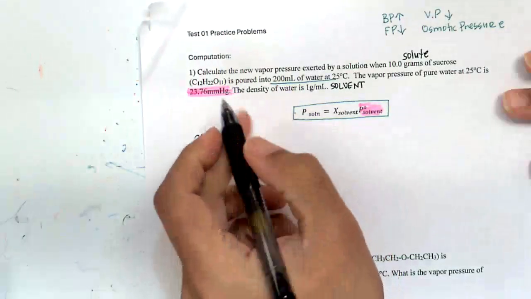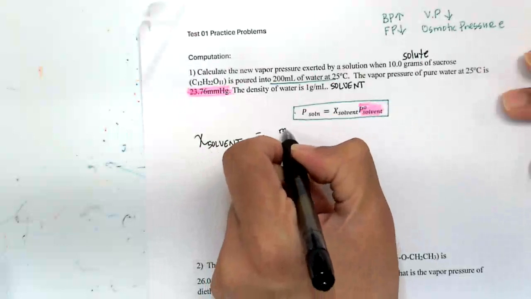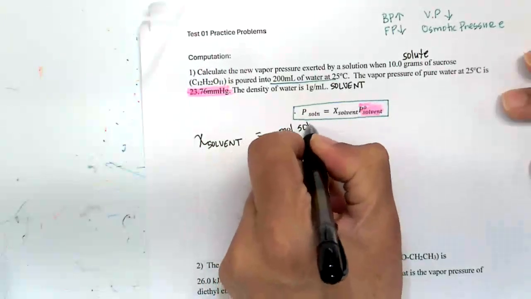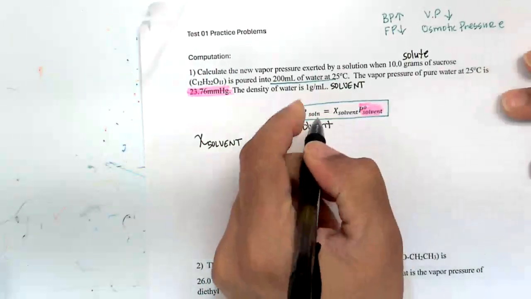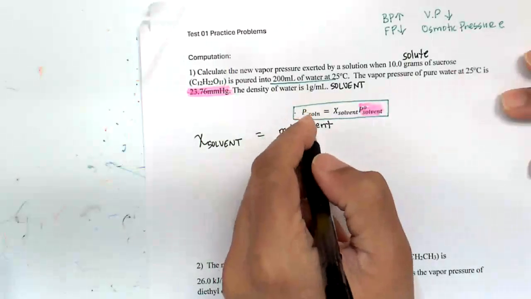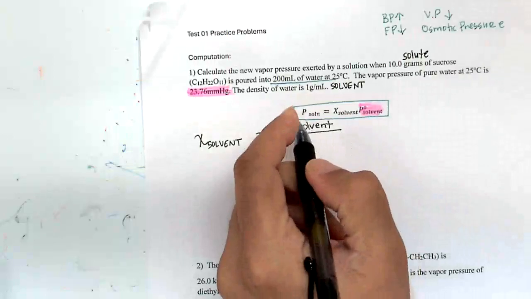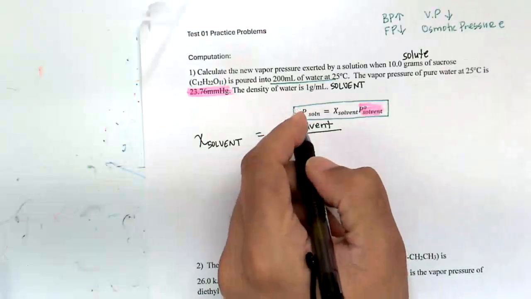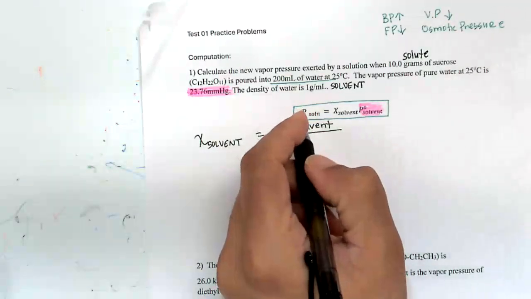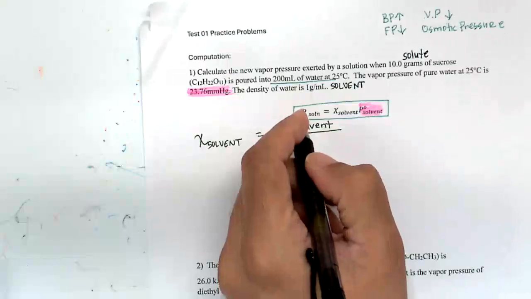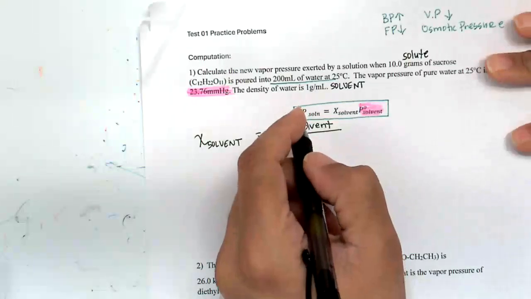So what goes in the numerator here for the mole fraction? Since it's the mole fraction of the solvent, the solvent goes in the numerator. And what goes in the denominator? In any type of fraction, what goes in the denominator? The total.